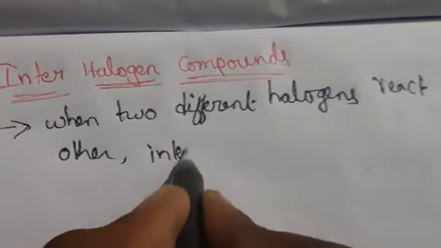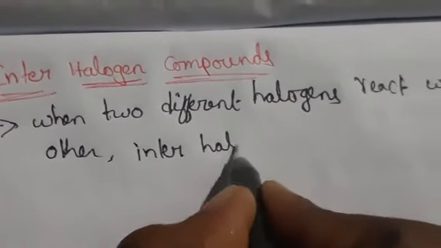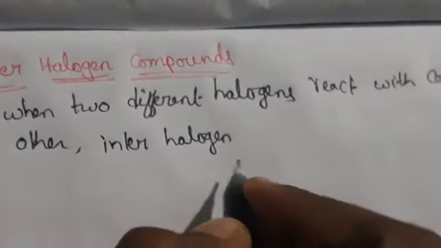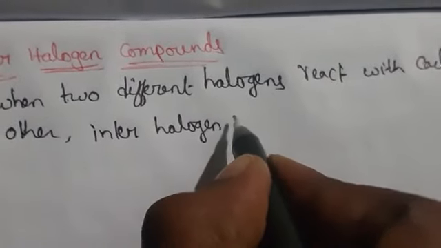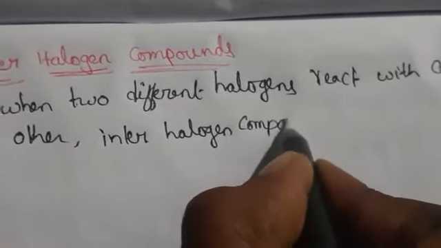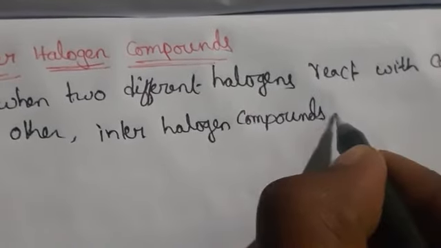Interhalogen compounds will be formed. When two different halogens react with each other, interhalogen compounds are formed.